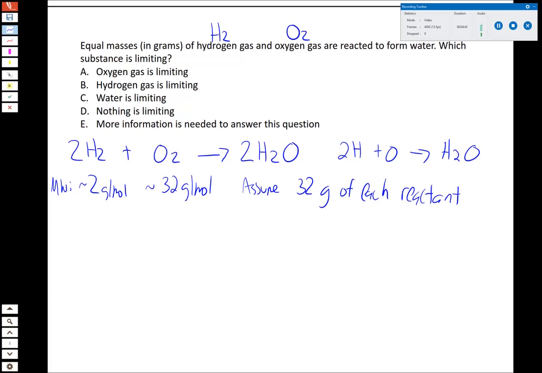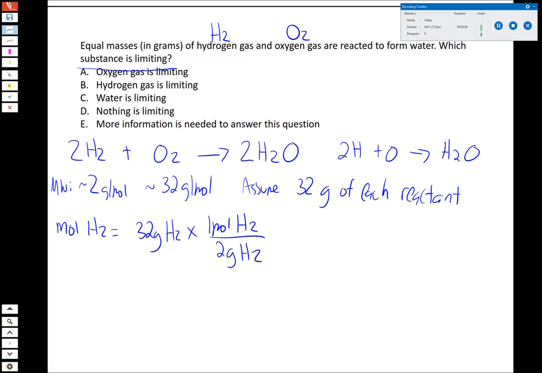And so if we want to find out which one's the limiting reactant, which substance is limiting is what this is asking, we need to find moles of each reactant. So the moles of hydrogen would be 32 grams of hydrogen. Now we're just going to follow the approach that we always use to figure out limiting reactants. Again, not being too terribly precise with molar masses.